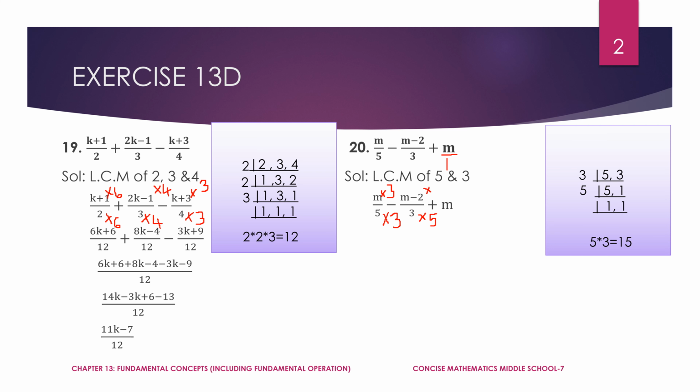Even on the numerator you need to multiply it with 5. Here, because nothing is there in the denominator, you should consider it as 1. 1 should be multiplied with 15 to get 15, so you need to multiply the numerator also with 15.